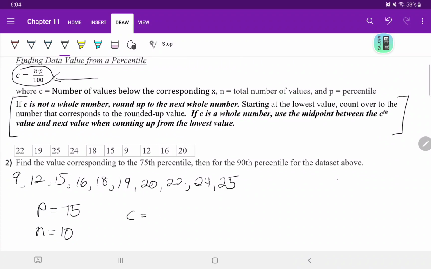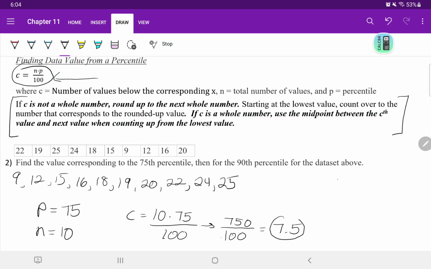C is equal to 10 data values times 75 for the 75th percentile divided by 100. 10 times 75 is 750. 750 divided by 100 equals 7.5.